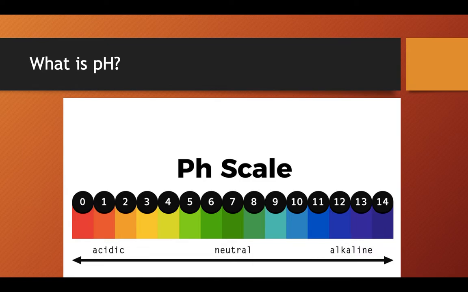Notice that in the middle of the scale is the number 7, which represents a neutral solution. Anything with a pH less than 7 is acidic, and anything with a pH greater than 7 is basic or alkaline. Many of the bases contain alkali or alkaline earth metals, and that's why we call these alkaline substances.